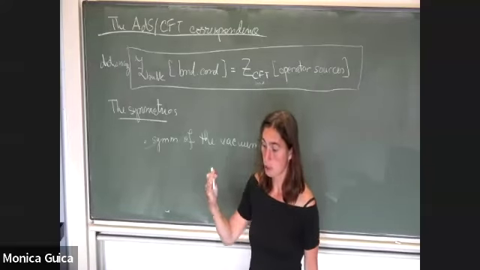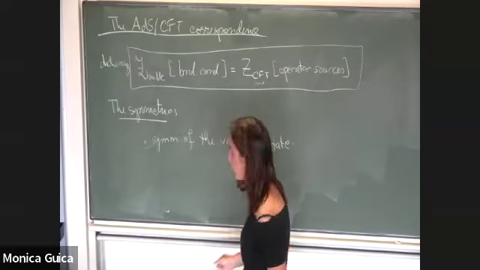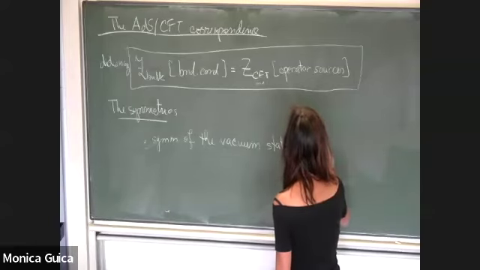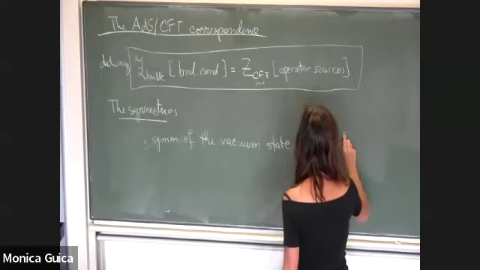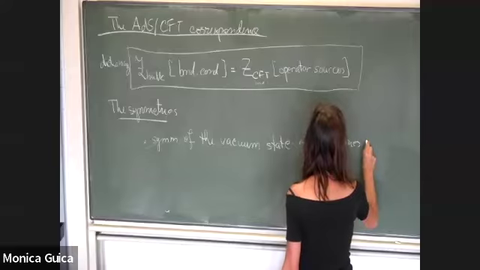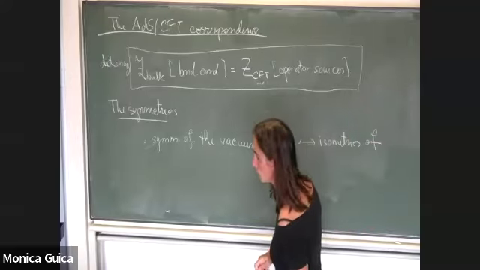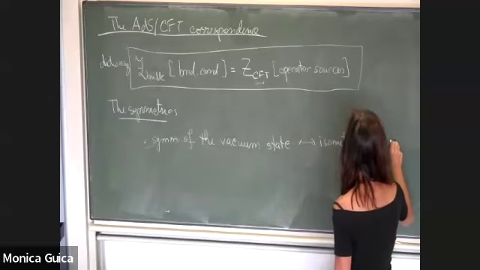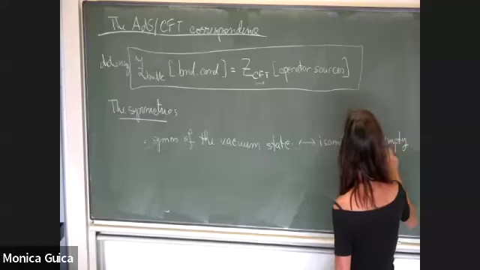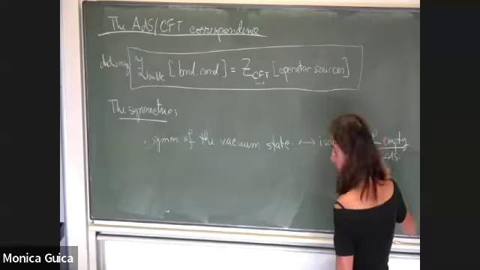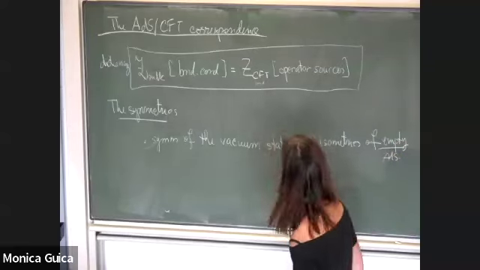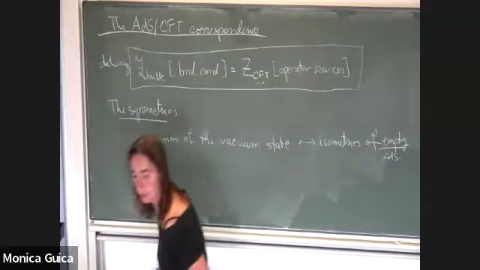Okay, so these are the symmetries of a particular state, the ground state of your theory, which map to isometries of empty AdS. Okay, do you see the empty? Yeah.